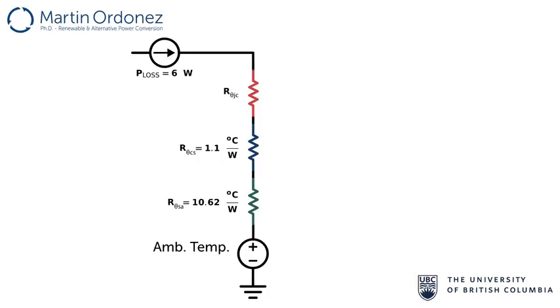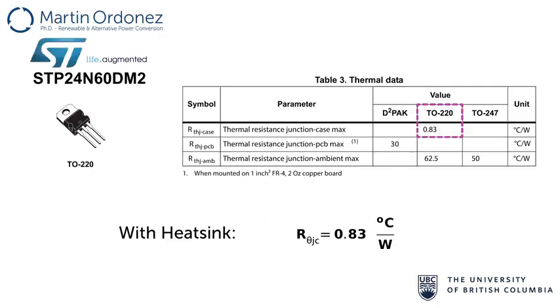Pay attention that in this case the MOSFET is connected to the heatsink, so we have to select the proper value of the thermal resistance between junction and case from the MOSFET datasheet. Let's go back and take a look at the thermal table of the datasheet. You can see that for the TO220, the junction to case resistance R theta JC is 0.83 degrees per watt, since we have a heatsink connected.